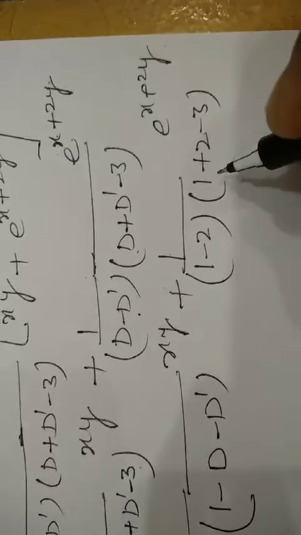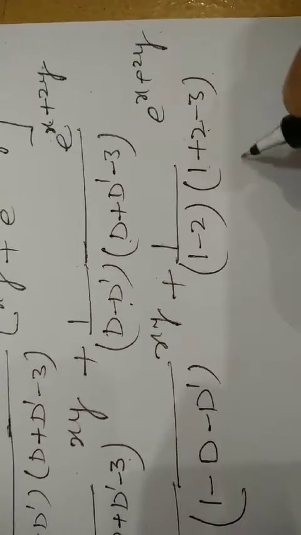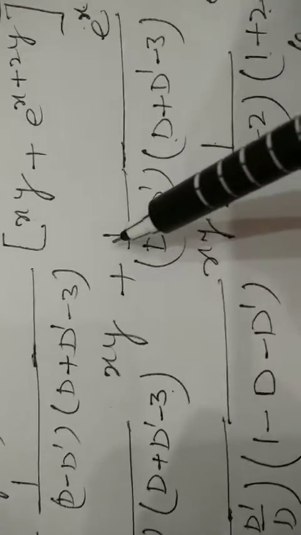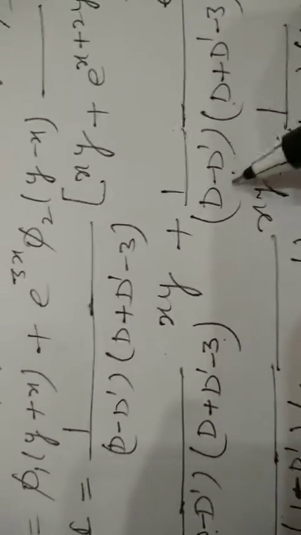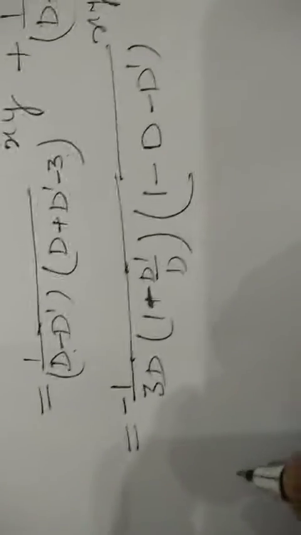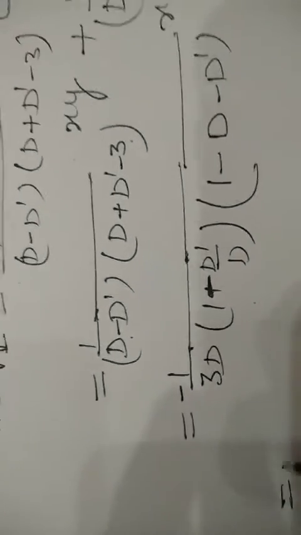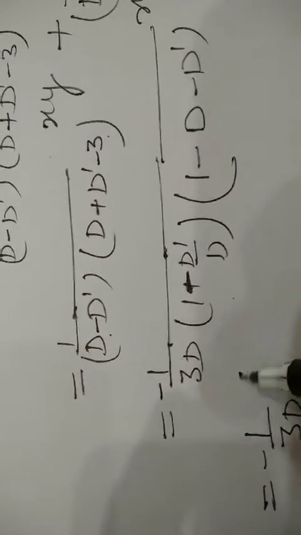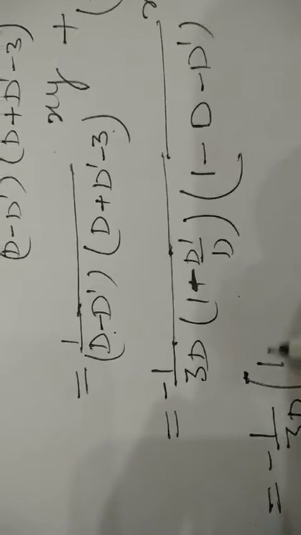So the case fails because 2 plus 1 is 3, 3 minus 3 is equal to 0, the case fails. So in this case we will multiply the numerator by x and differentiate the denominator with respect to D. We will obtain here, we can write 3D, and this term goes to the numerator.